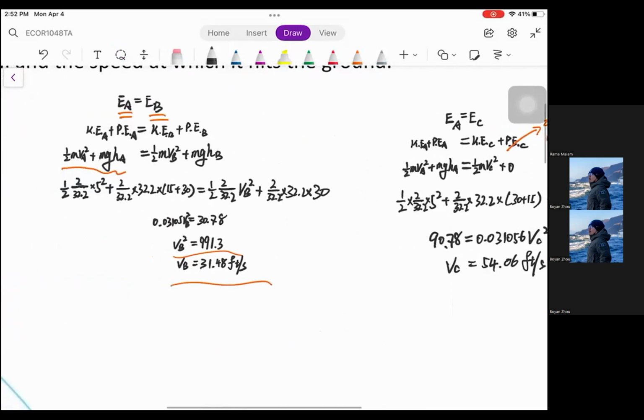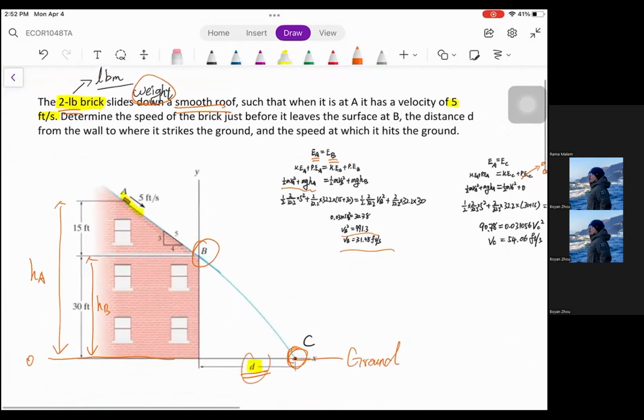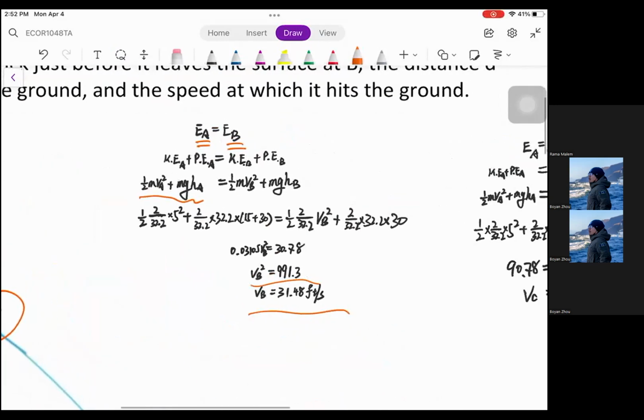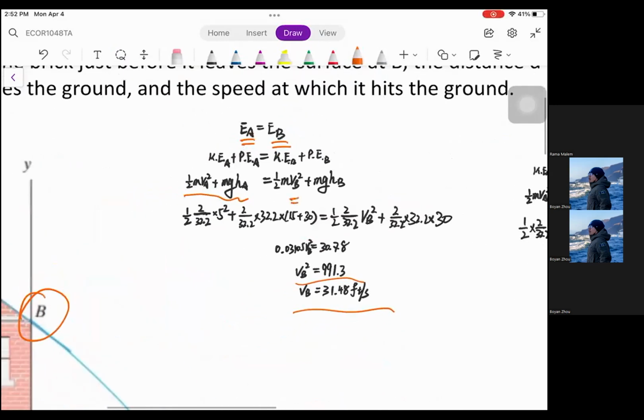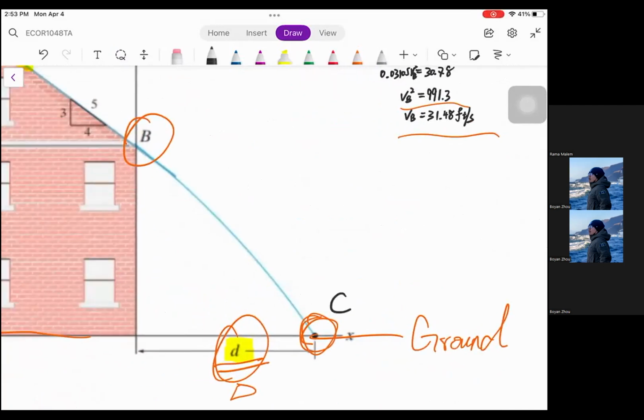Okay, so the last thing we need to find is the distance D. To find the distance D, we cannot simply apply the energy rule, because in the energy rule we only have the velocity and the height. We don't have a horizontal distance. So we have to go back to the equations from before.